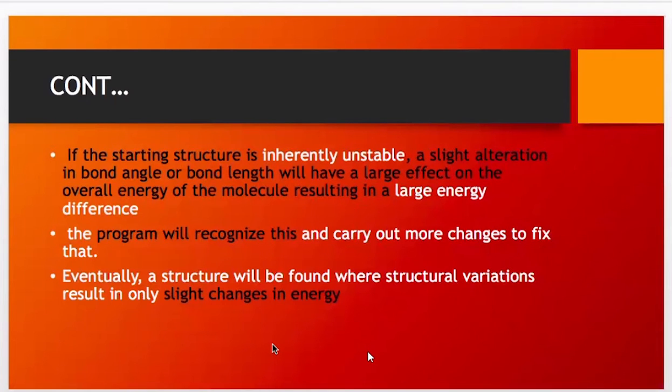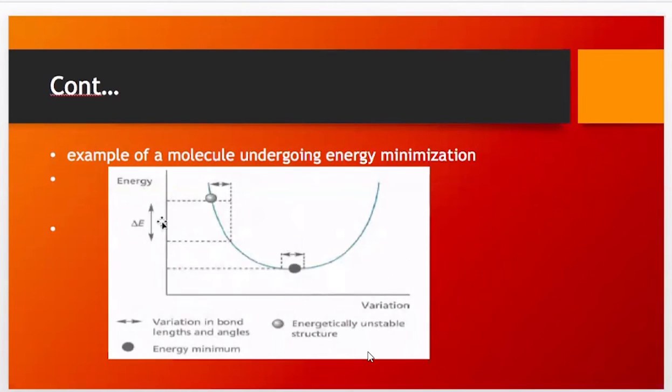And so the software will notice that there have been some changes in bond length, bond angles, and torsion angles. The software is able to see those changes and fix all of them so that you have a stable compound. All right, and this is just an example to show you how these changes and energy minimization will work out.